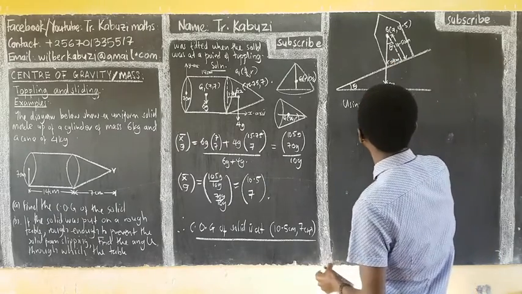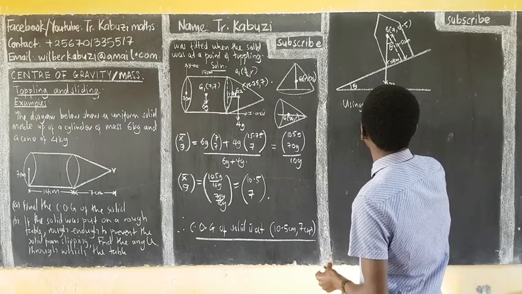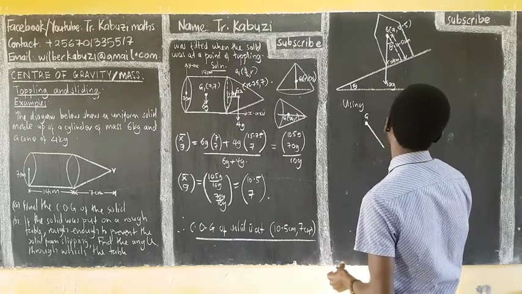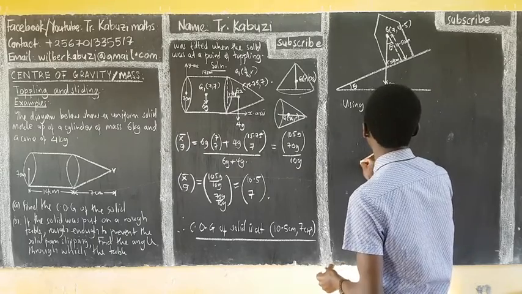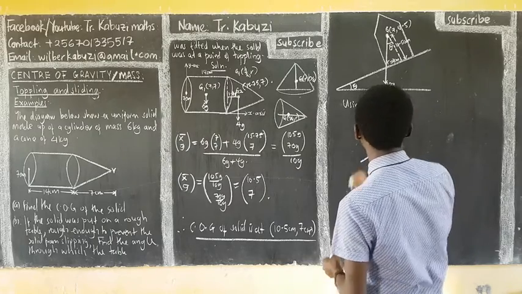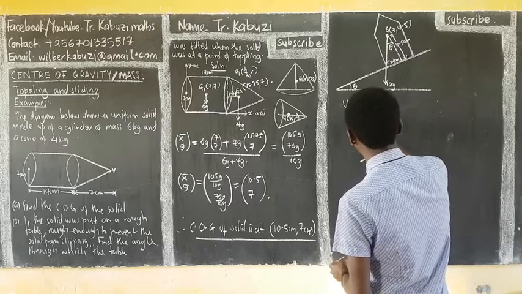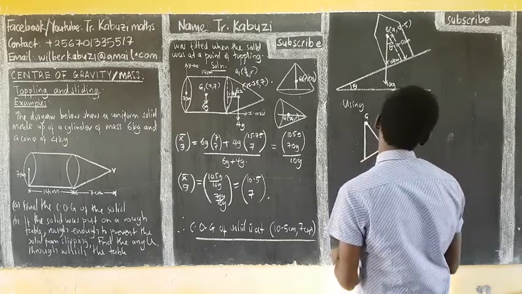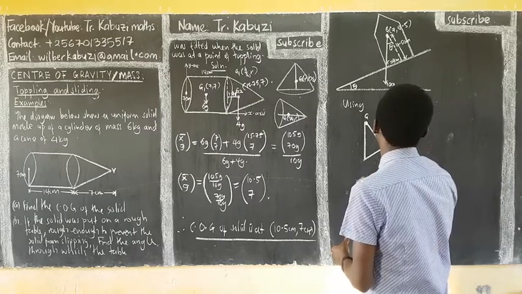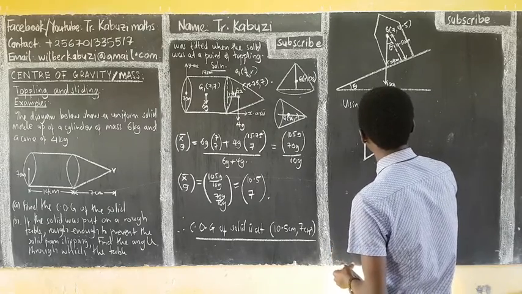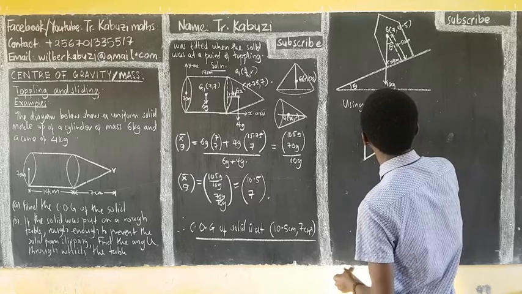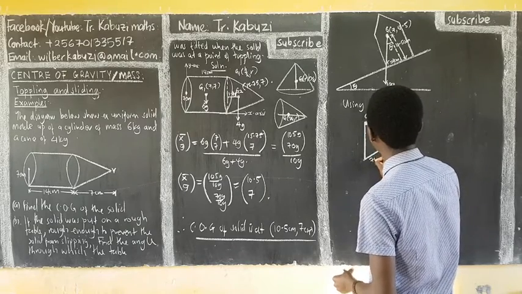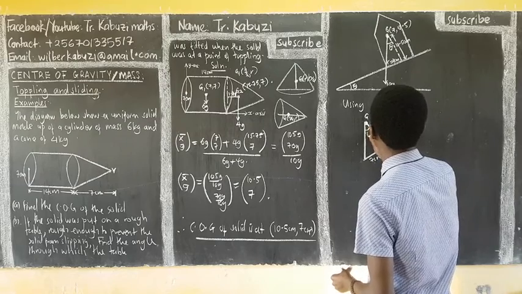As you see it there, this is going to be my E. Then we have this line here, which is perpendicular there. This one will have 10.5 centimeters, this one we have 7 centimeters, and this is our theta.